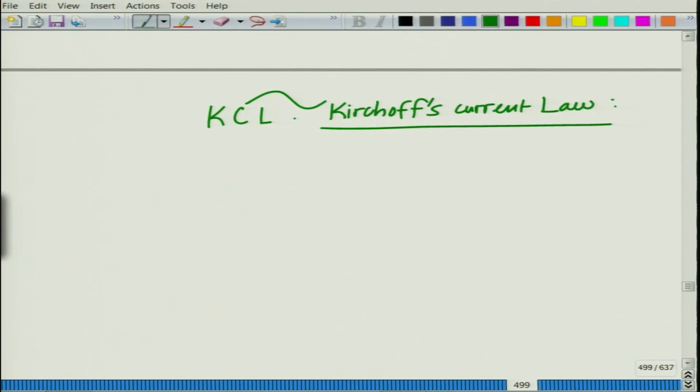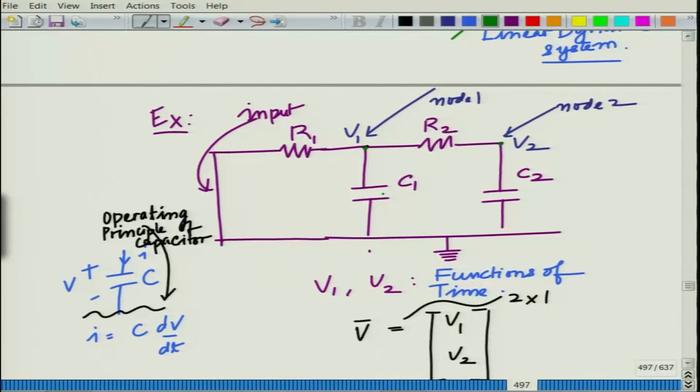Now, at node 1, what will the KCL be? It is very easy to see. At node 1 there is the current through R1, which is V1 by R1, then C1 dV1 by dt, and the outflowing current is V1 minus V2 by R2, from Ohm's law.